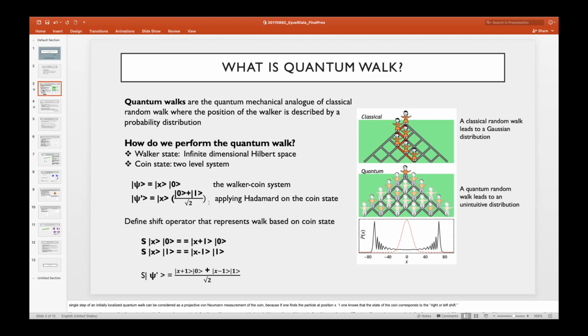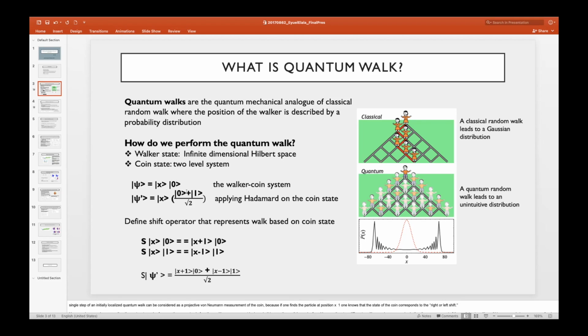When we define a quantum walk, we have two states, the Walker state and the Coin state. The Walker state is defined in an infinite dimensional Hilbert space, and the Coin state could be a two-level system, such as the qubit, with a computational basis. If we apply Hadamard on the zero state, we create the superposition.